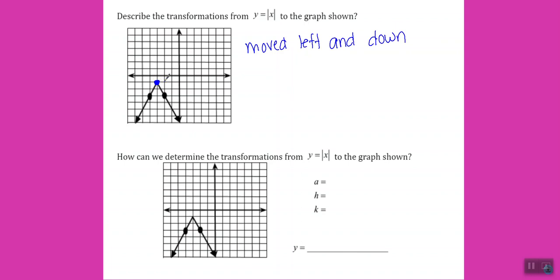Because it goes over 1 box and then up 2, we know it was stretched by 2. The stretched by how much is not important, but the fact that it was stretched. And then it flipped over. So that's the sort of thing we'd be looking for if it says describe the transformation.